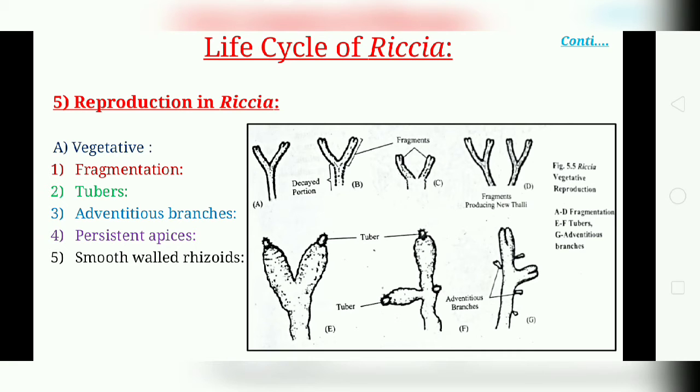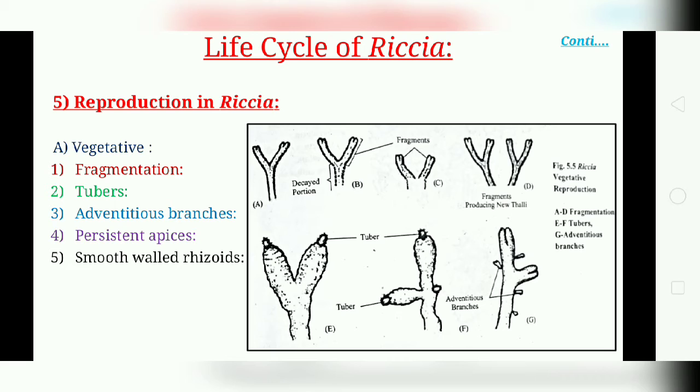Now the next type is adventitious branches. This is a special type found in the species Riccia fluitans, which is aquatic. Branches similar to the parent thallus may be formed on the ventral surface of the thallus. They get detached and develop into a new plant.